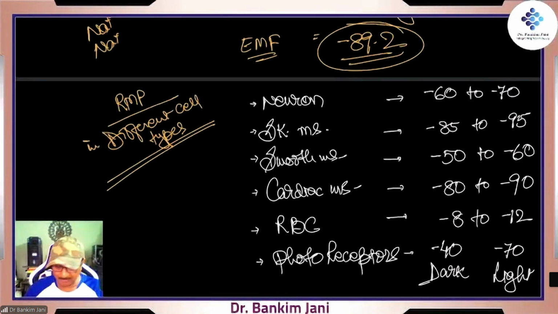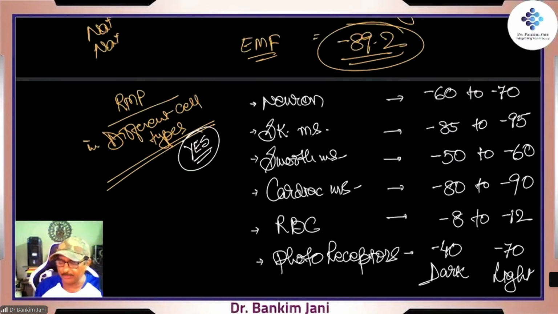Do you have to remember them? Yes, you have to remember, if not more, at least this much. It's not that you must remember every number, but it should not happen that for cardiac muscle we feel its resting membrane potential is -40. That cannot happen. You should have a rough idea about these numbers.